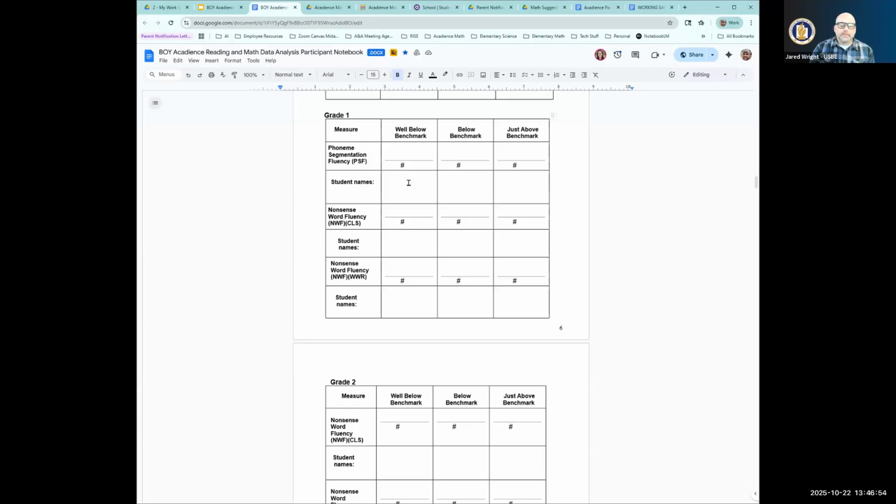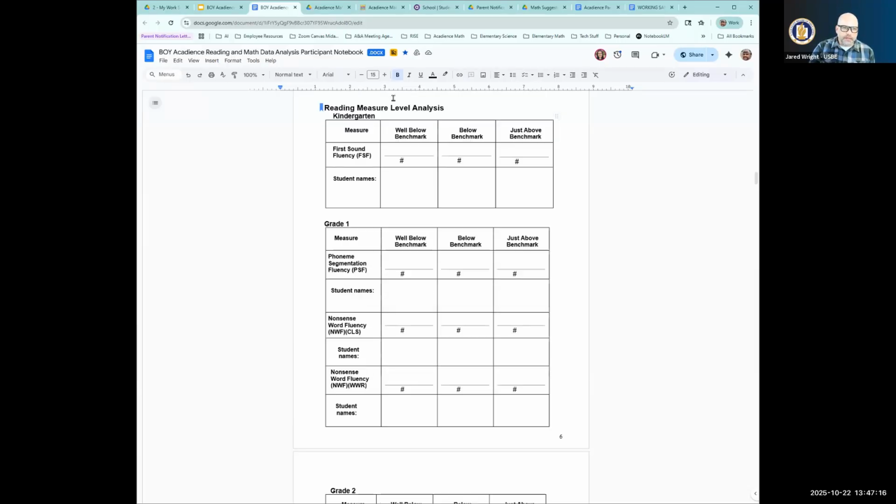And again, as you're seeing this, thinking, that student, that makes sense. Like, that's what I see in the classroom. Or, wow, that's really surprising that student scored where they're at. Maybe there was something happening in their day that may have caused them to score that way. So just thinking through that.